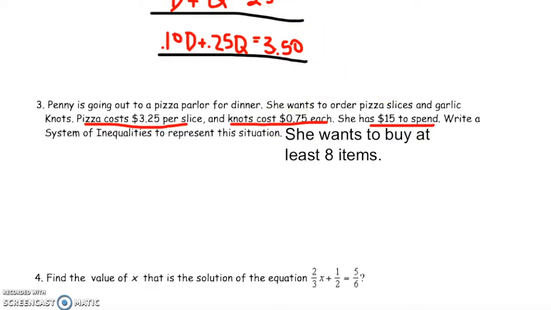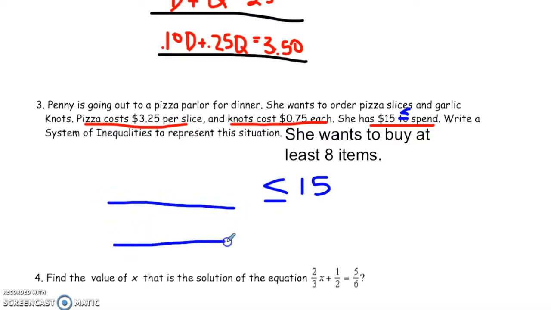So now we know it's spending money. She can spend no more than what she has. So we're going to have one that is less than or equal to 15. So that's our first inequality that we're going to write. Our second one has to deal with the fact that she wants to buy at least, greater than or equal to 8 items.